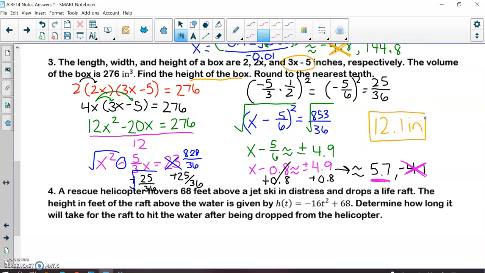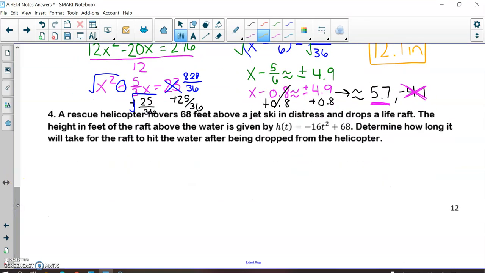All right. And then the next problem, a rescue helicopter hovers 68 feet above a jet ski in distress and drops a life raft. The height in feet of the raft above the water is given by the following equation. Determine how long it will take for the raft to hit the water after being dropped from the helicopter. Hitting the water means that we're going to have a height of 0. So I'm going to set my h equal to 0, and now I have a quadratic equation that I'm going to solve.